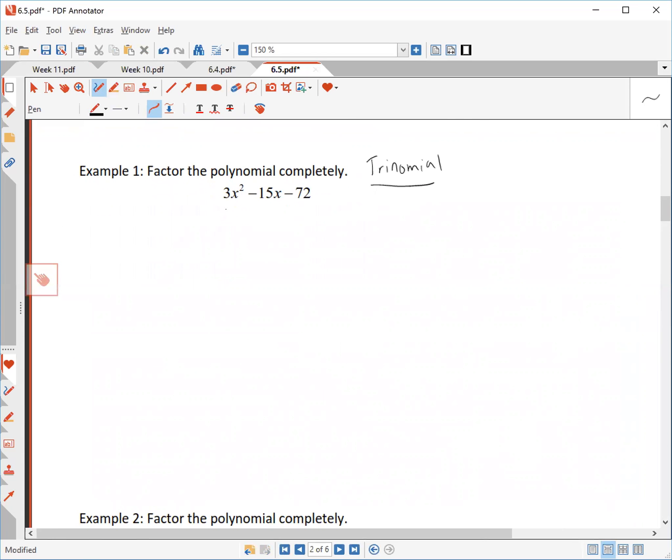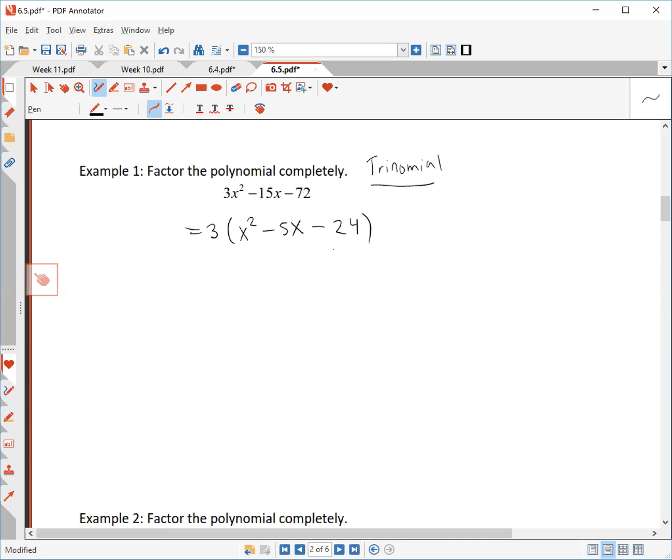That will make our numbers a lot smaller if I take out this GCF of 3. x squared minus 5x minus, 72 divided by 3 is 24. 3 goes to 12, 4 to 24.